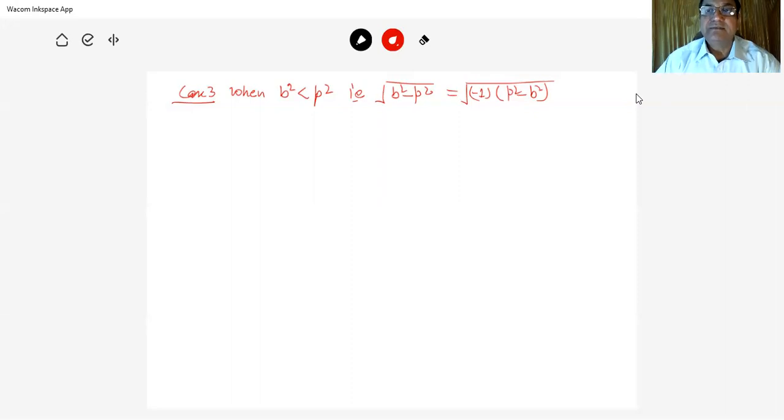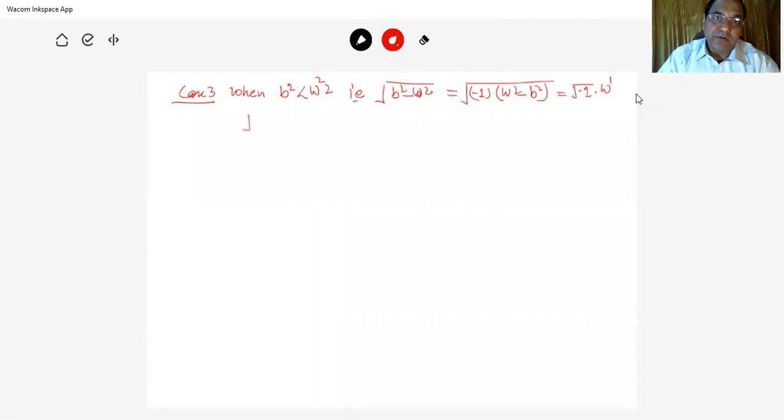And this is not P, it is B square minus omega square. B square is less than omega square, so this is omega square minus this. So this is minus of this into omega dash.